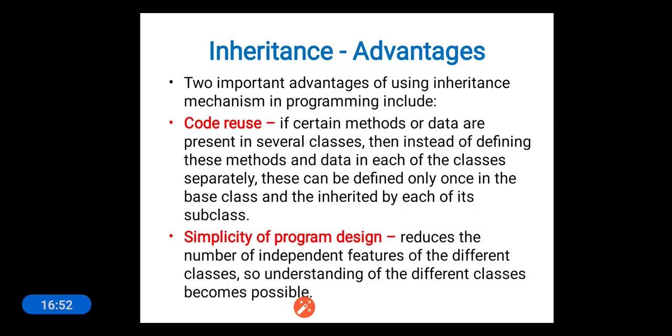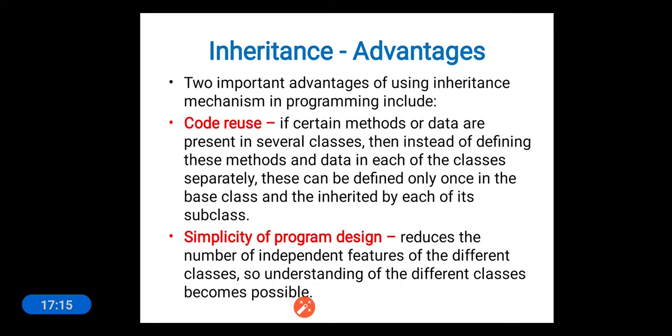Let us see how we can have code reuse. Here the subclass is inheriting the properties of the parent class or the base class. That's what reusability is. Already we had defined certain attributes and methods for a class.